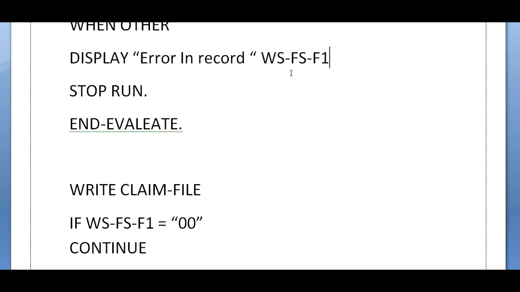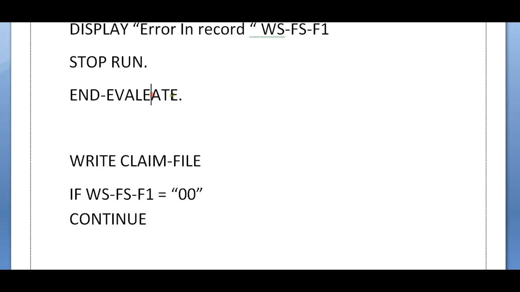In the same way, while you work with file concepts, it throws some error number. Based on those error numbers, the programmer can identify what exactly the issue is and fix it. The end users can also identify the issue based on the return codes. They will read this particular chart and come to know that this could be the issue. So STOP RUN and END-EVALUATE.